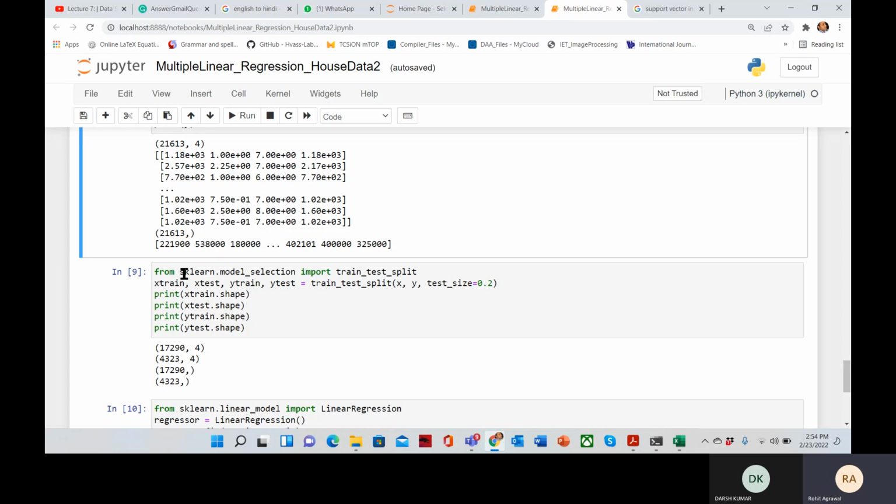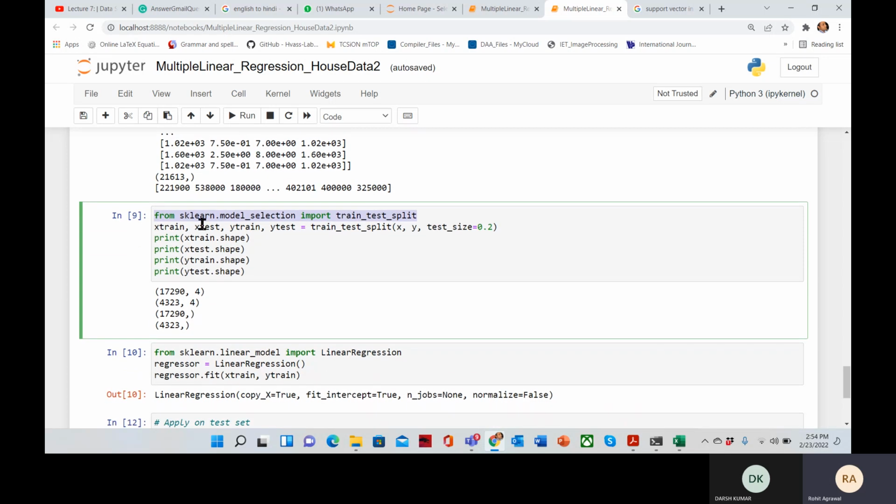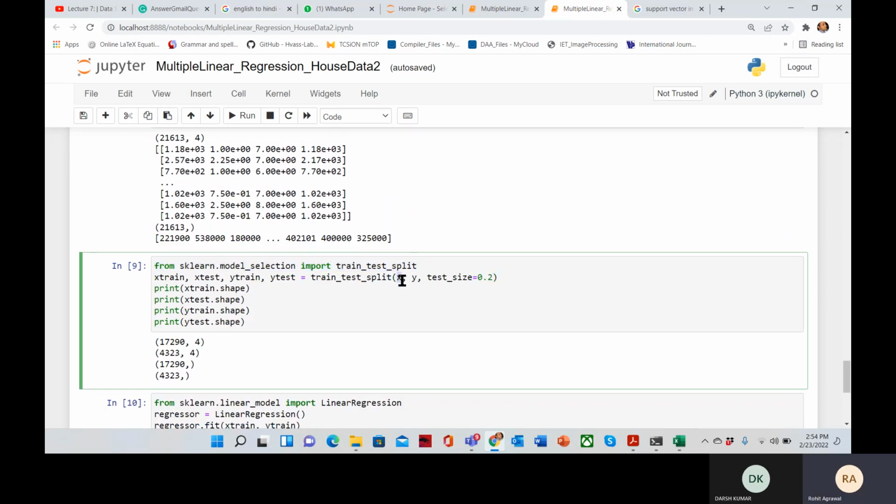So from sklearn.model_selection import train_test_split. You will find this package all the time in your data science and machine learning classes and labs. train_test_split x, y, test size is 0.2.